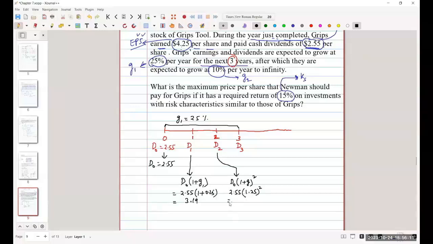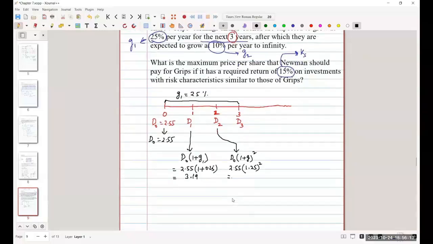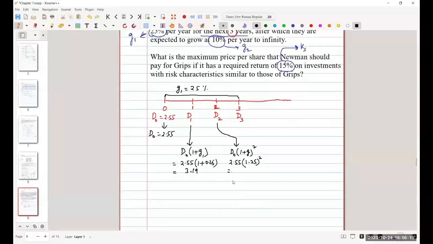Alternatively, you can check whether both methods give you the same thing. They should. Now this is the value for D1, so you can pick up this value and say D2 is equal to D1 times 1 plus G, and plug in the numbers: 3.19 multiplied by 1.25. Either way, we should have the same result.